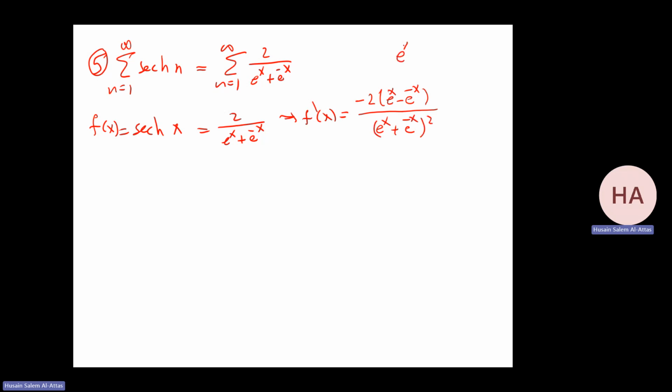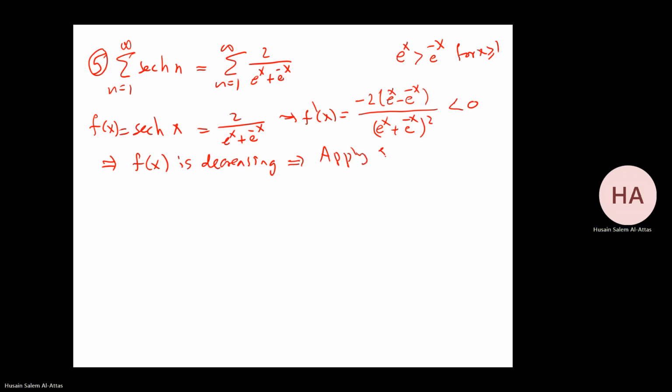I know that e to the power x is always greater than e to the minus x for x greater than or equal to 1. So this is negative. So f is decreasing for x greater than 1. Okay, so apply the integral test.